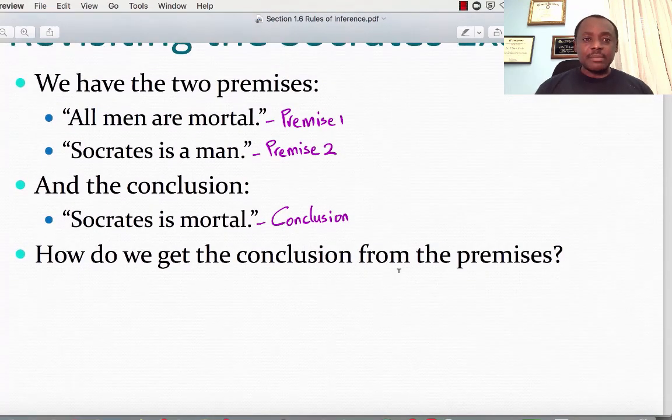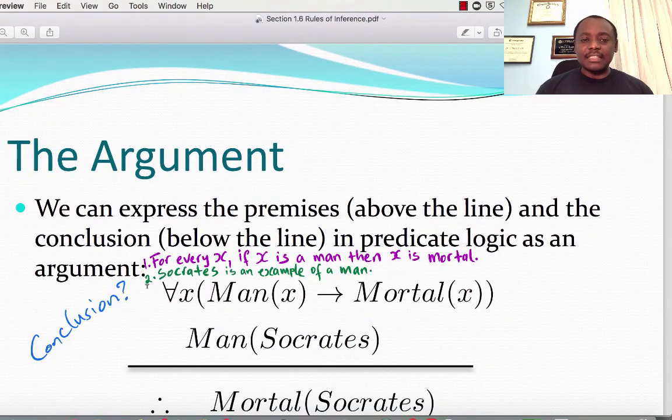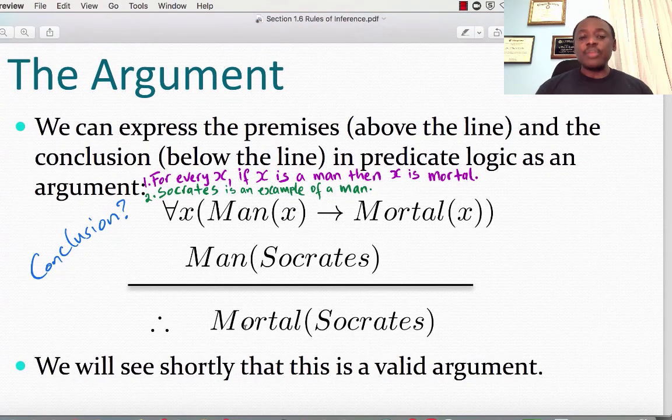And the second statement, Socrates is a man, we translate as Socrates is an example of a man. Putting those two together, we can come up with a conclusion that Socrates is mortal. We will show you further examples on how to put this together using what is known as rules of inference.